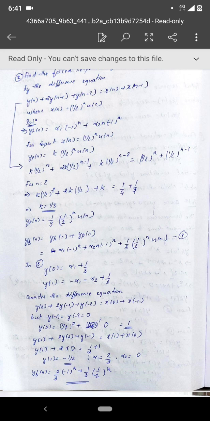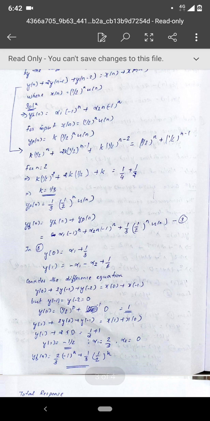So we can follow the same method, that is, the particular solution will be in the same form as that of the input. So input is half raised to n u of n. So you'll take the particular solution as a constant k multiplied by half raised to n. That is the same form, another constant multiplied by the same input.